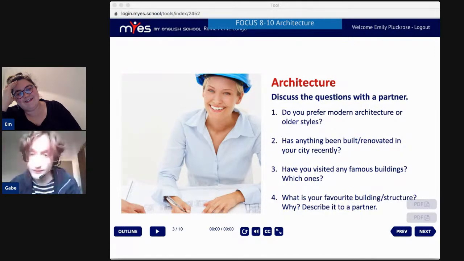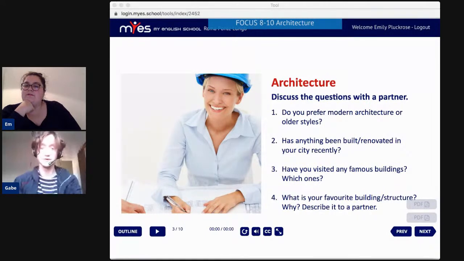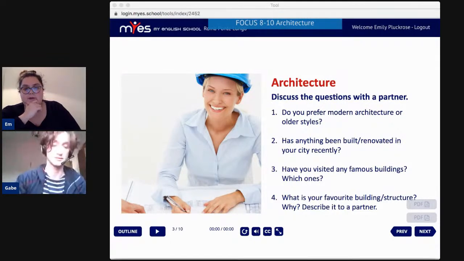Oh, nice. Daniela says Verona's Arena. Is that an old building, Daniela, or is that a modern arena? I've never visited Verona, although I would love to. Are you Googling it?